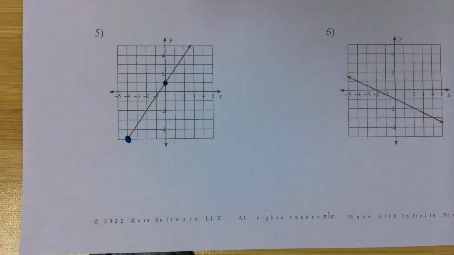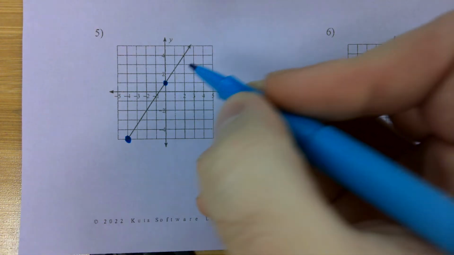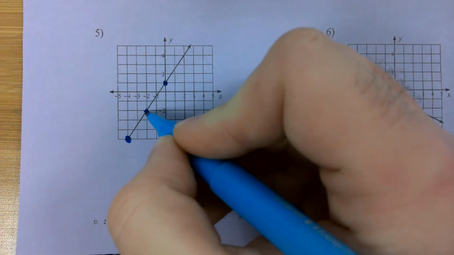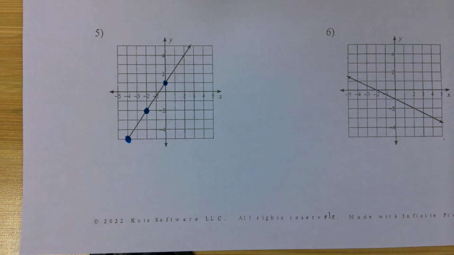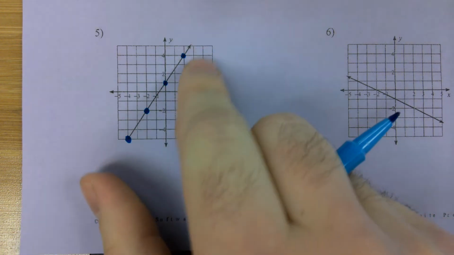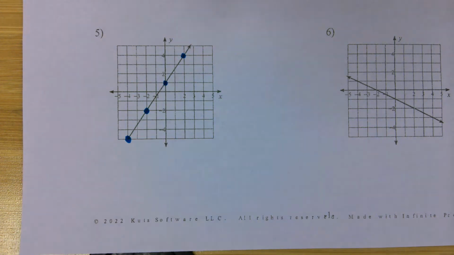Carlo, do you see another point that we could have used? Over at -2? Oh, -2, -2. Boom, like that. Perfect, that works. What about 2, 4? That one looks like it works too. And we can see that all 4 of these points are nice and evenly spaced out, right?